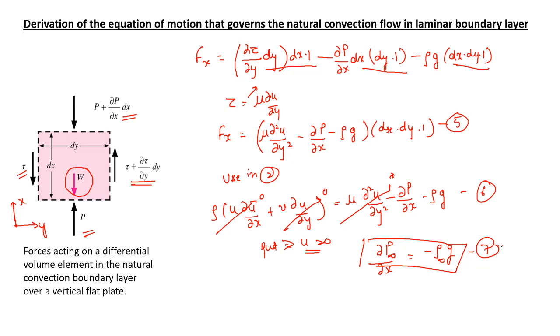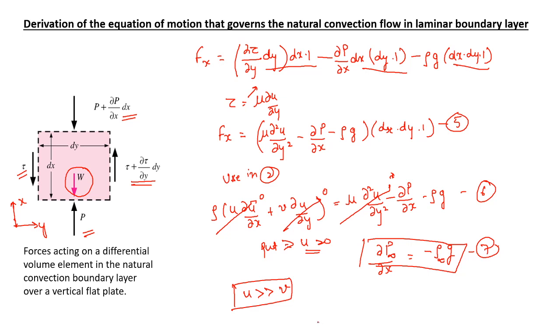Now, in the boundary layer, the velocity component in the flow direction is much larger than that in the normal direction. That means the velocity component along the plate is much greater than the velocity in the y direction. This we have to remember.